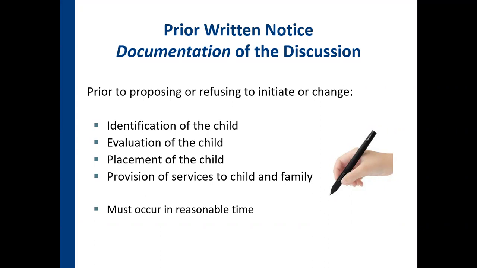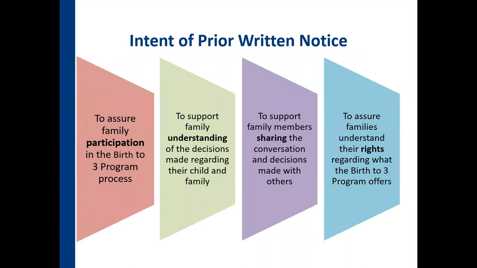It must occur a reasonable time prior to the Birth to 3 program acting on a decision. This allows the family enough time to request a new discussion through an IFSP meeting or otherwise dispute the decision made.